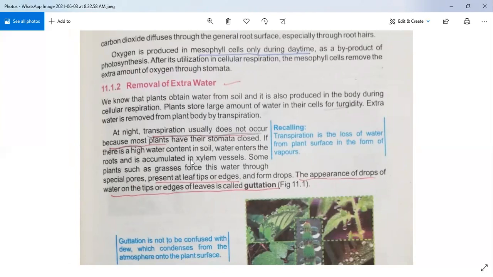We also know that xylem vessels are connected with roots. So this extra water settles in the xylem vessels.